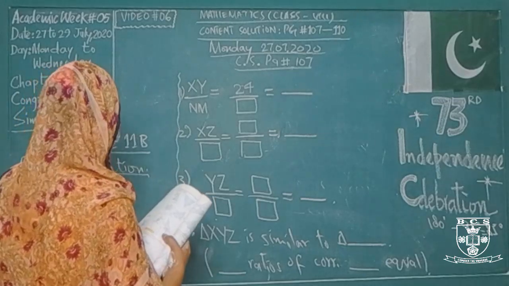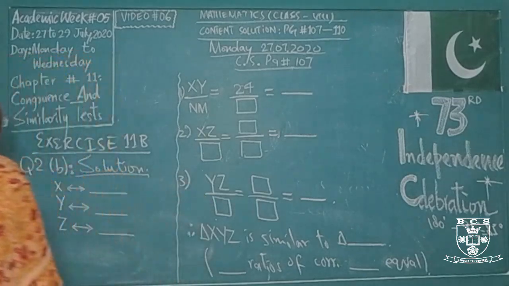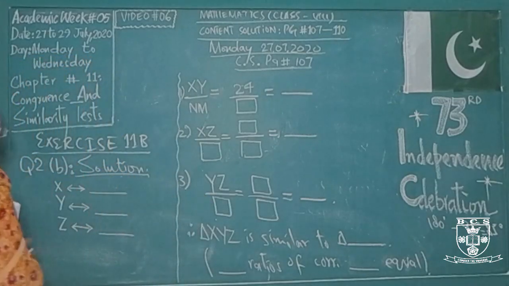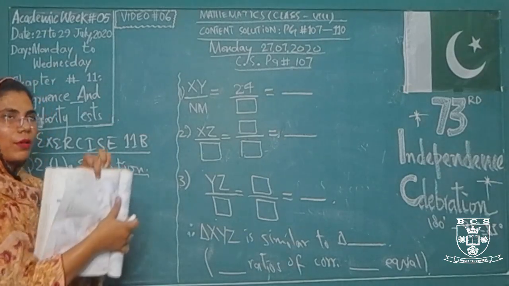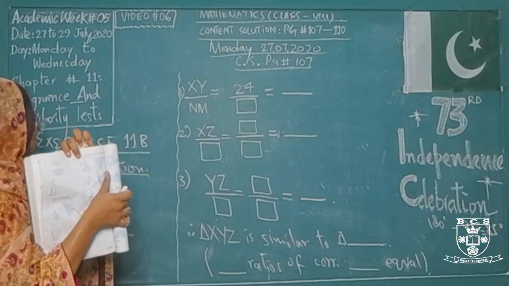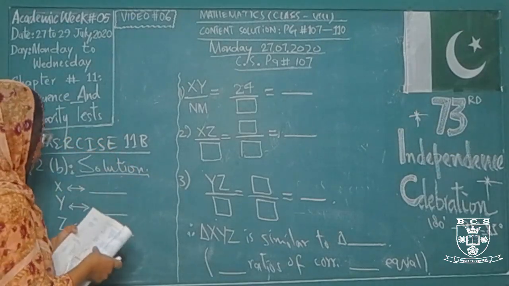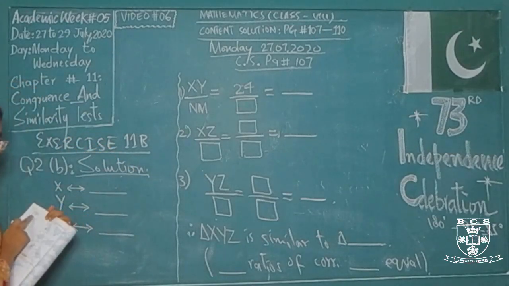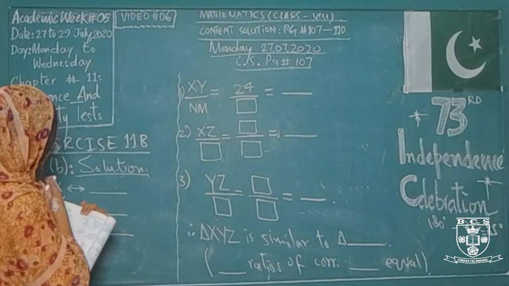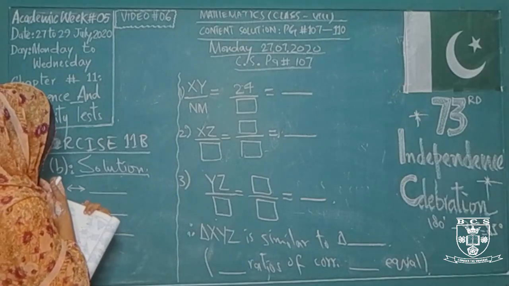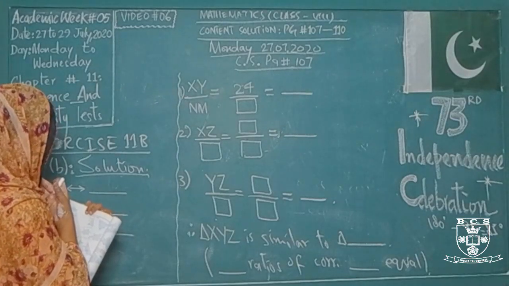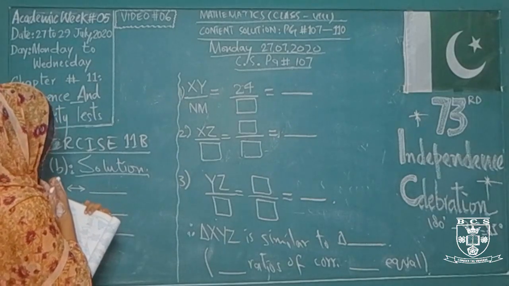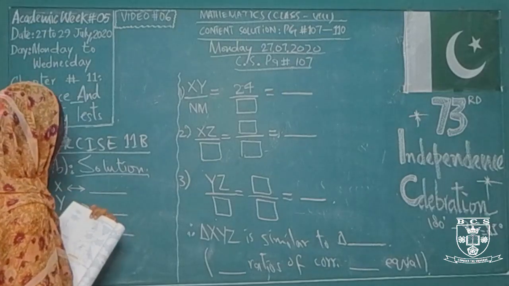According to this question, first of all we will mention the corresponding sides. Why am I using this book for solving this question? Because in the book I have different diagrams, and with the help of these diagrams I am solving this question. The first triangle is your XYZ triangle, and your second triangle is given as NML, and these are corresponding to each other.